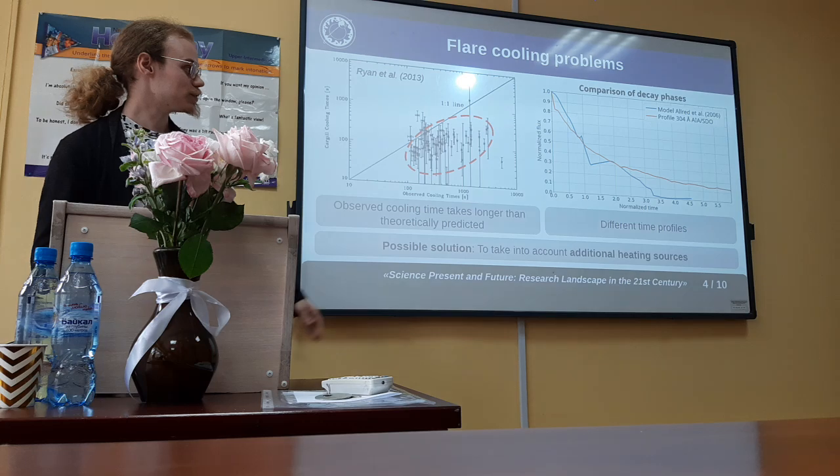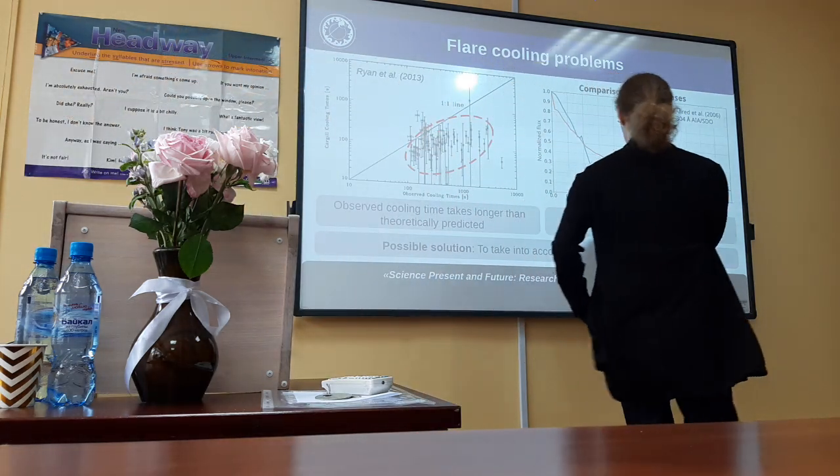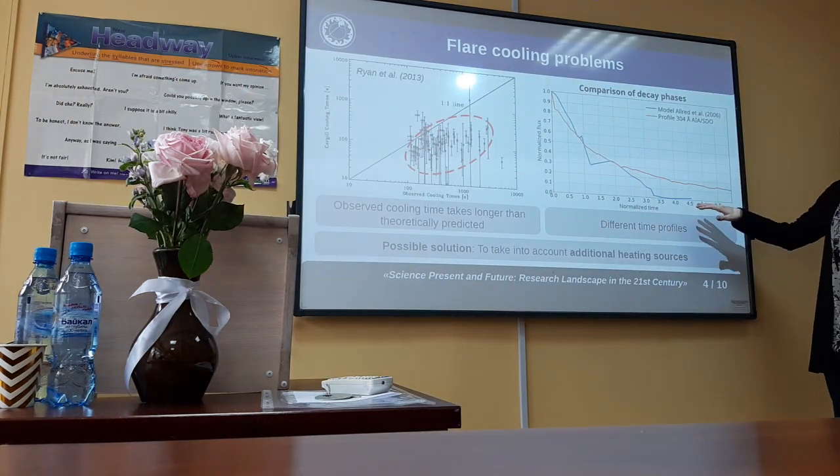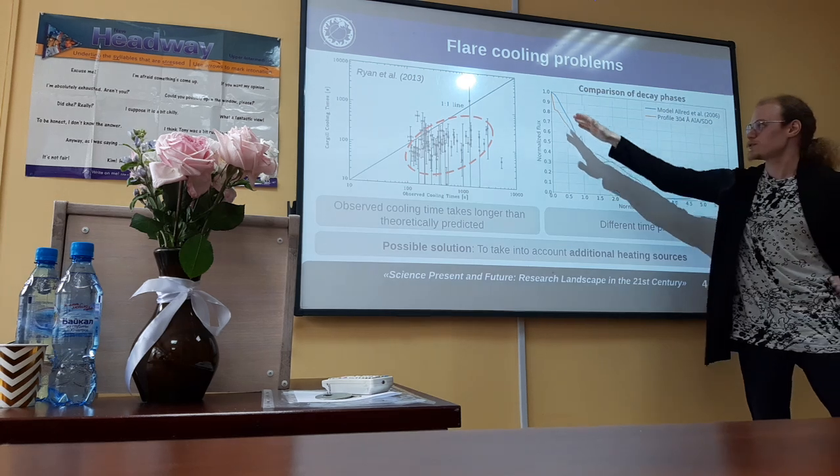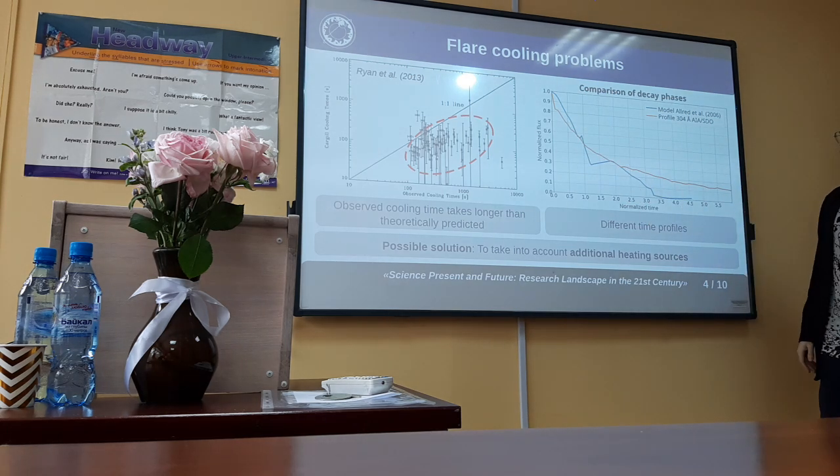Here I present the comparison of two time profiles: the modeled time profile of the line 304 angstrom and the observed one in orange. You can clearly see that they are not quite similar.